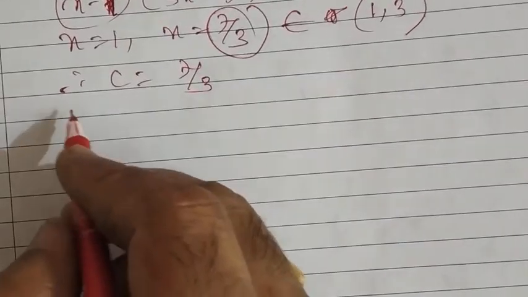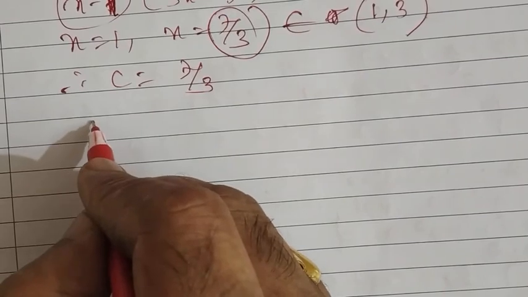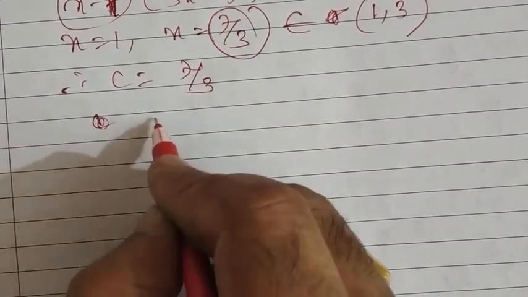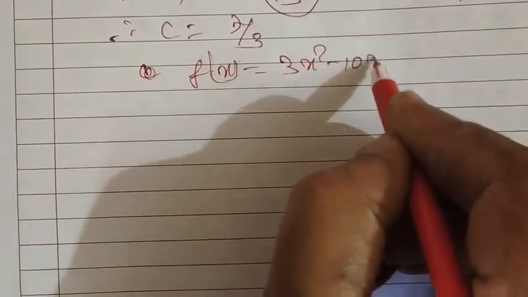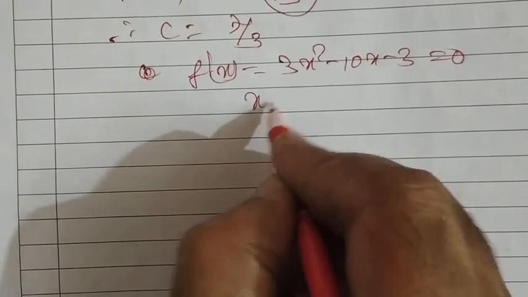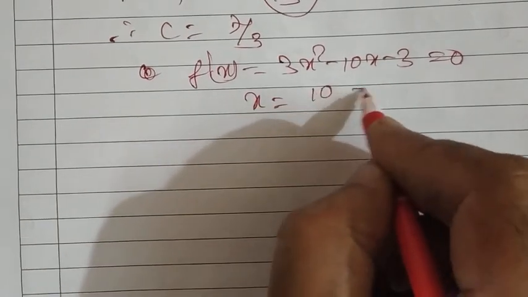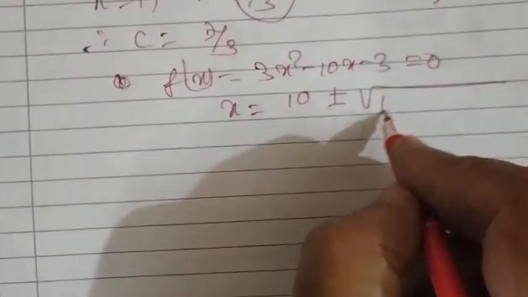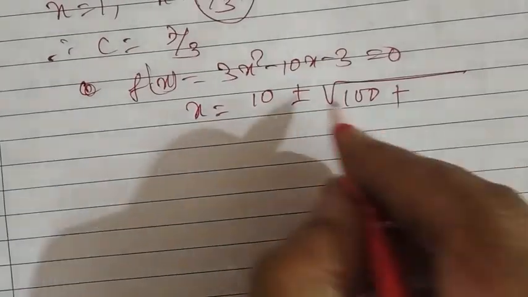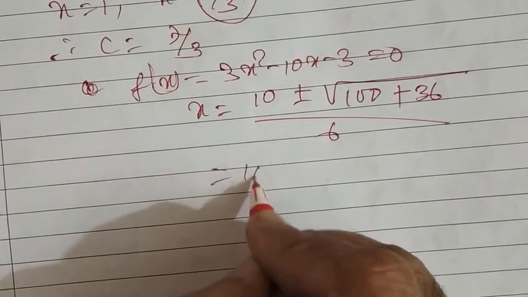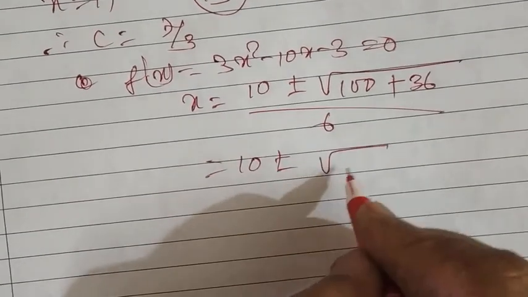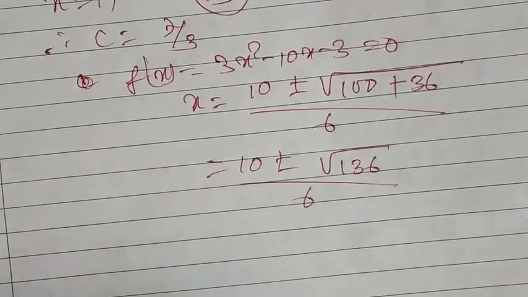Next, the other question is, we will find a C such that f dash C equal to 0. What is f dash x? 3x square minus 10x minus 3 is 0. So x is 10 plus minus root over b square 100 minus 4ac, it is plus 36, by 2a, 6. 10 plus minus root over 136 by 6.